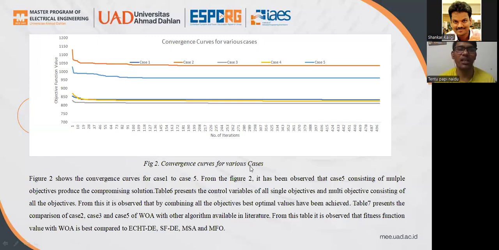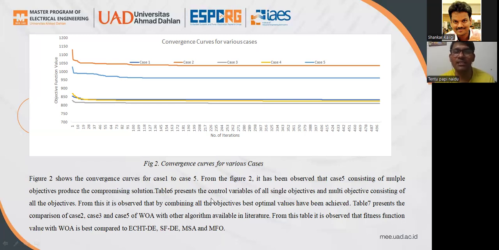This is the convergence curve for various cases. On the y-axis I have taken the objective function values, and on the x-axis the number of iterations, from 1 to 500. Figure 2 shows the convergence curve for case 1 to case 5. From figure 2, it is observed that case 5, consisting of multi-objectives, produces the compromising solution.